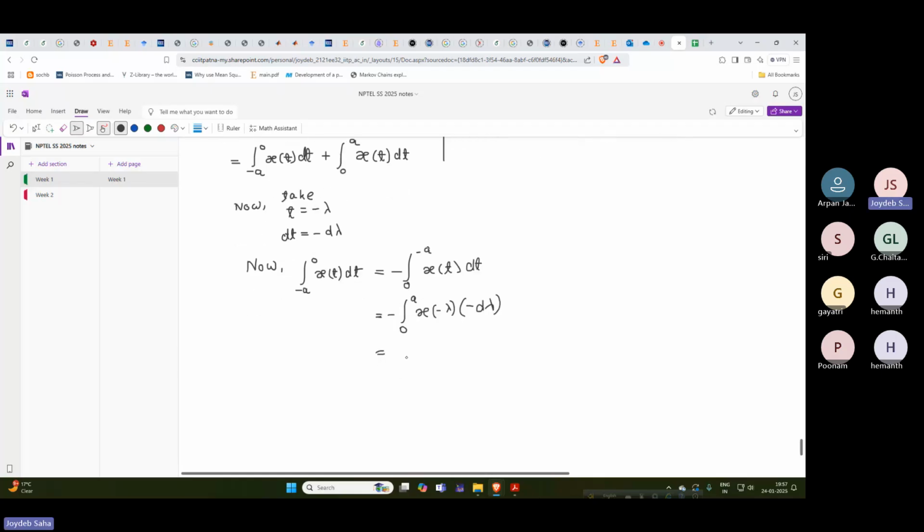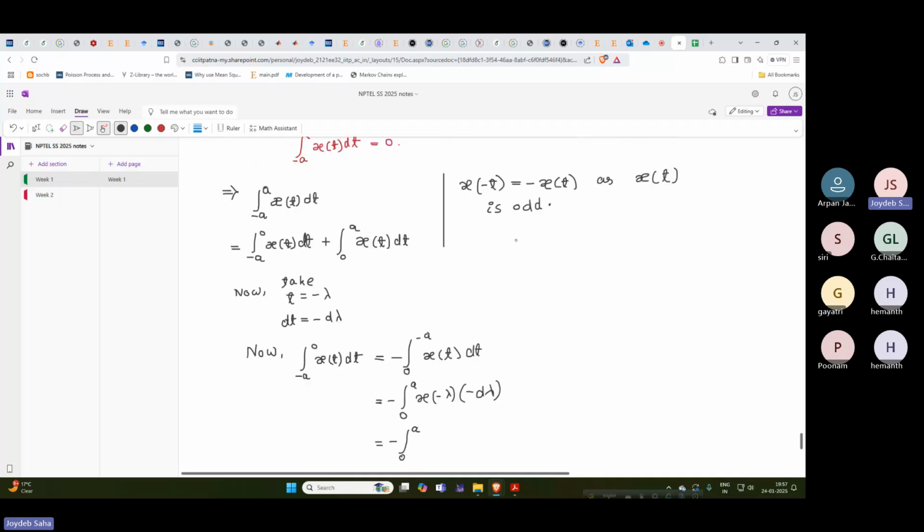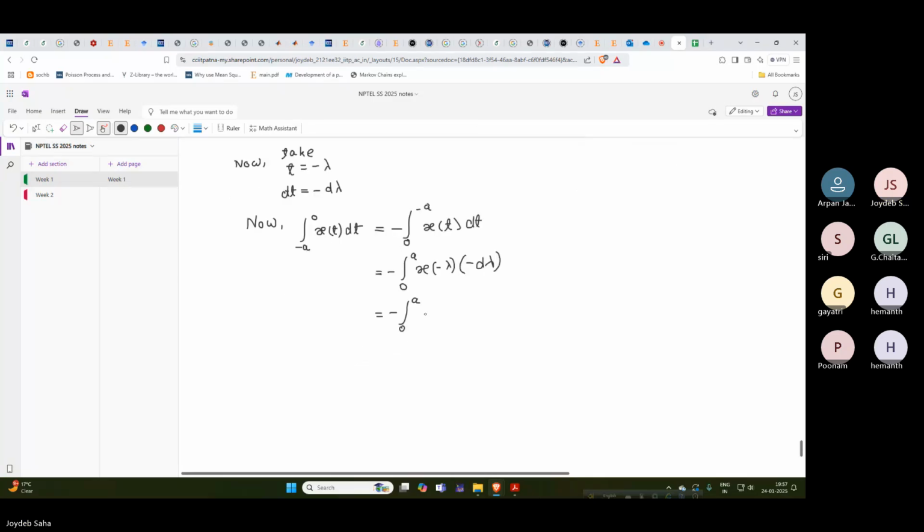Now, can we write it as minus the integral from 0 to a of x of minus lambda? x of minus t is equal to minus x of t, so x of minus lambda will be minus x of lambda, right?